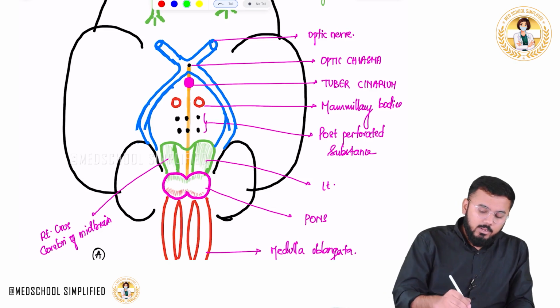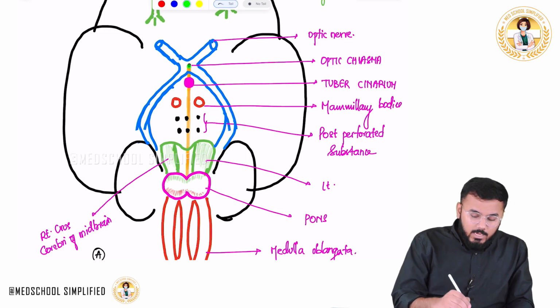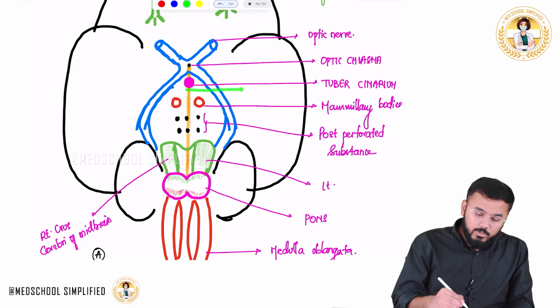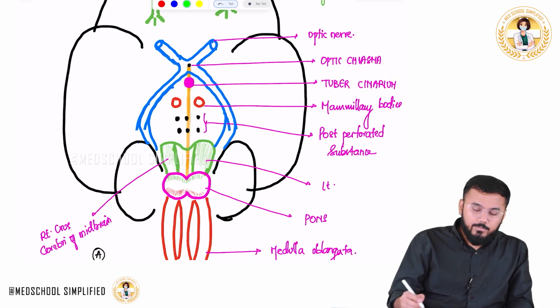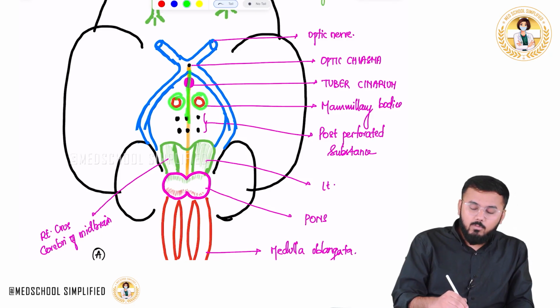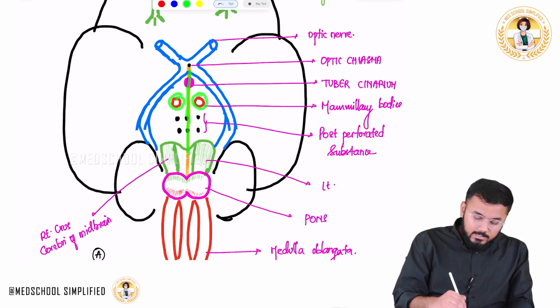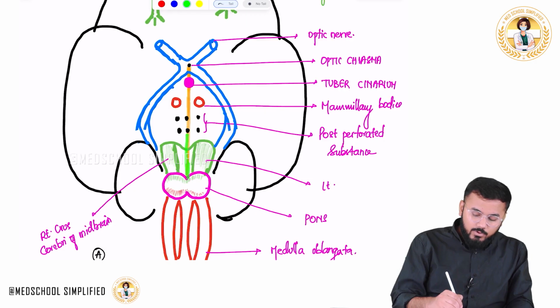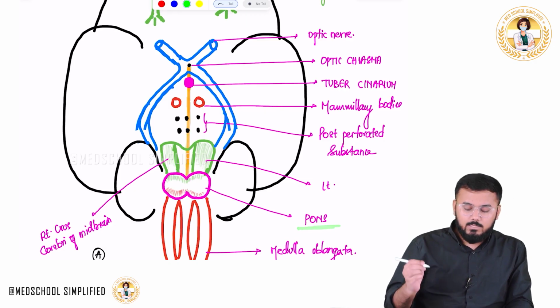For example, first it starts from the optic chiasm. Down as it is coming down, floor is consisting of what? The floor is consisting of tuber cinereum. Now as the line is coming down, on the right and on the left we have got mammary bodies, and still as the line is coming down, we have got posterior perforated substance, and finally as the line is coming down, we have touched what? The superior surface of the pons.